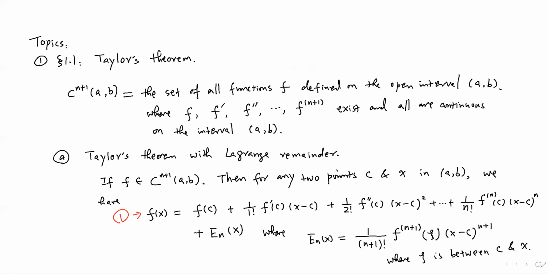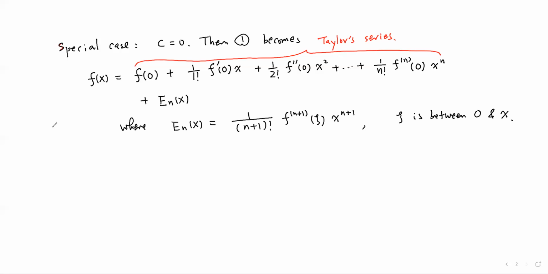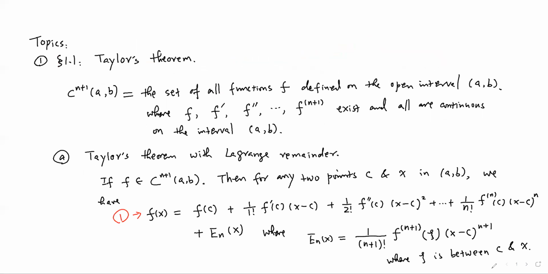Now, this is a special case 1. Special case 2. In this Taylor's formula, C and X are in AB.